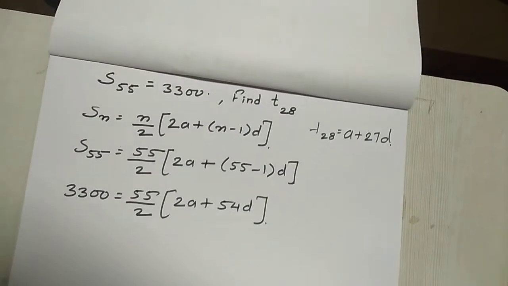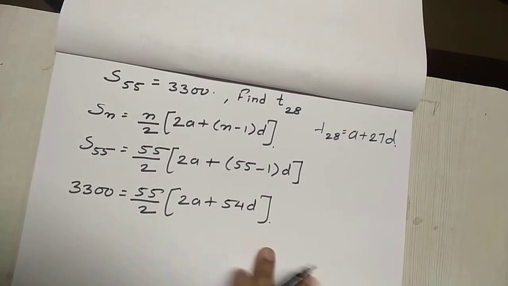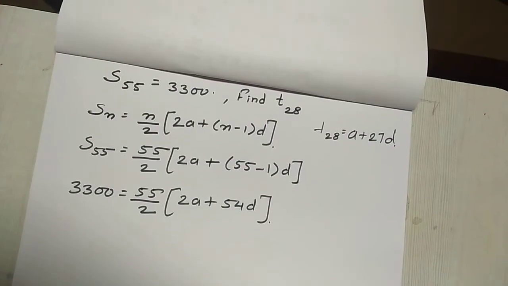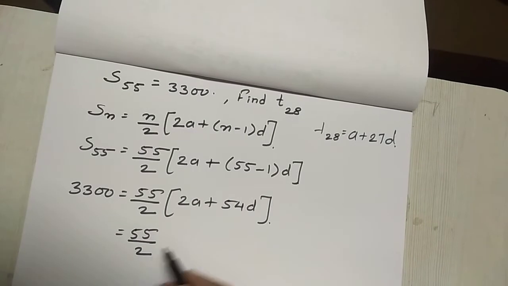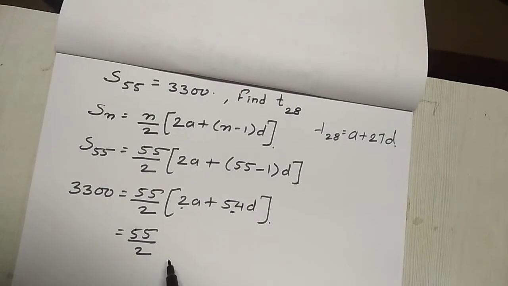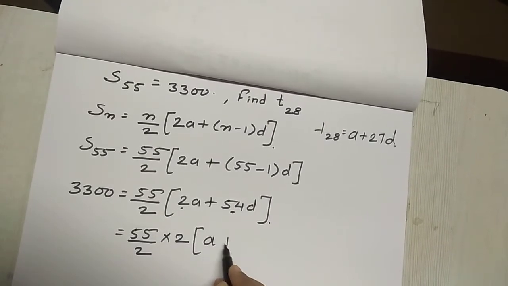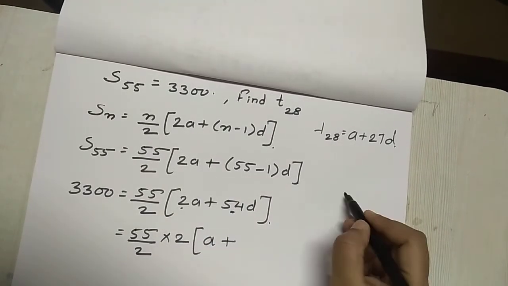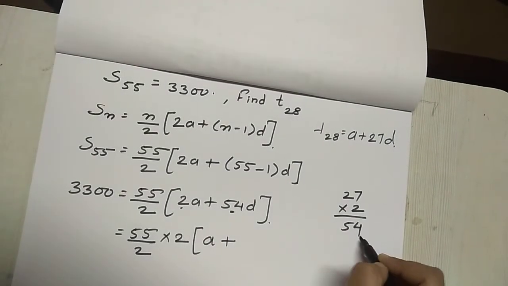So what we are going to do over here is get a plus 27d in this expression. How? See, 55 upon 2. If you observe, we have 2 here and we have 2 in 54 also. So 2 comes out common inside the bracket: a, 54. 27 2s are 54.